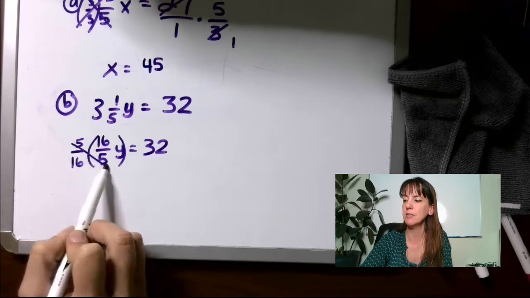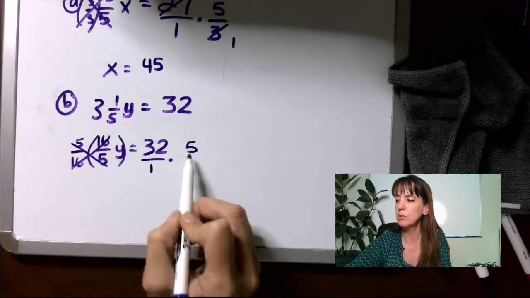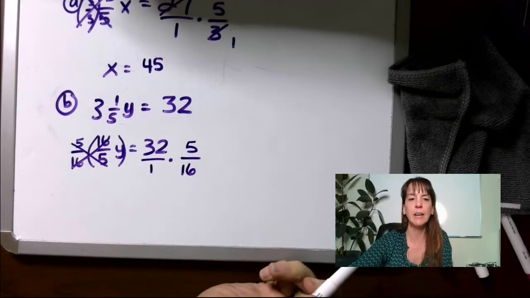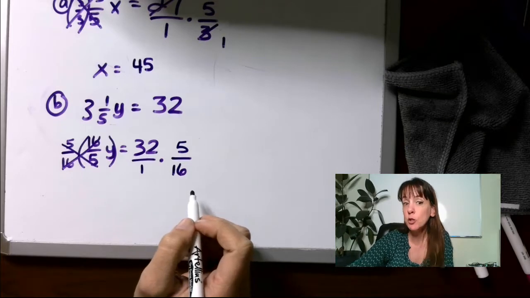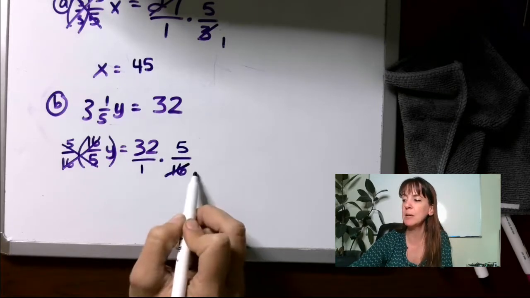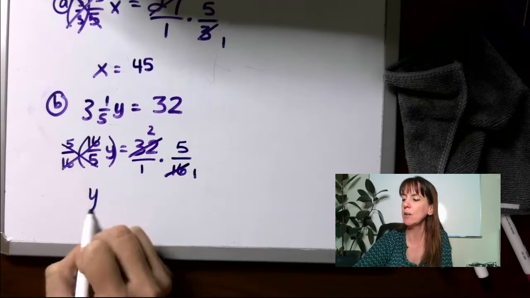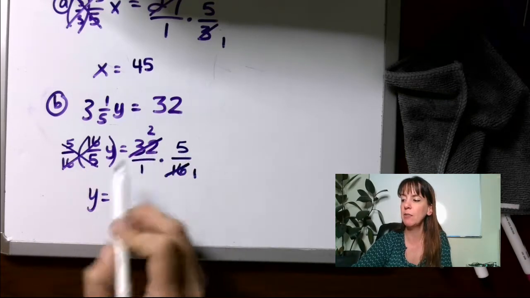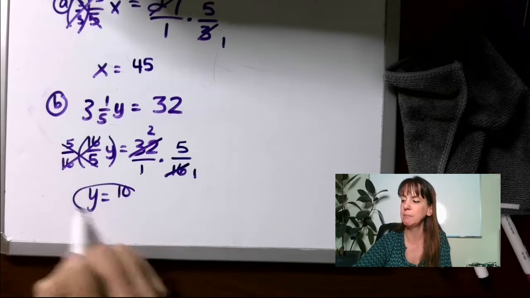When we do that, this cancels out with this cancels out with this, but what we do to one side, we must also do to the other. 16 times 2 is 32. So I'm gonna divide this by 16 and get 1, divide this by 16, get 2. Y equals, upstairs I have 2 times 5, which is 10. Downstairs I have 1 times 1, which is 1, so I'm gonna leave it as 10.